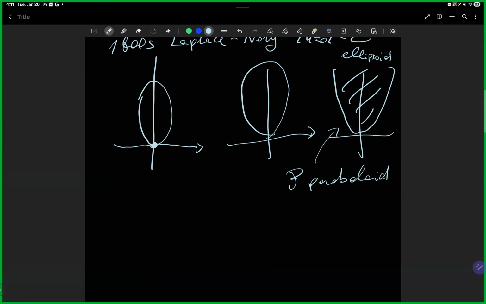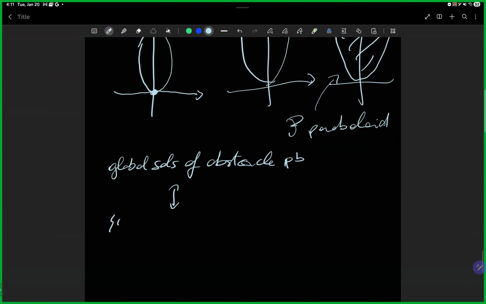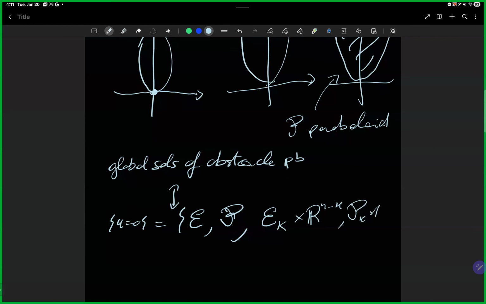So if you just take the work of Newton, Laplace, and Avery, you discover that global solutions of the obstacle problem are such that {u = 0} is either an ellipsoid, a paraboloid, or a trivial extension of them, in the sense that you take an ellipsoid in k dimensions cross R^(n-k), or a paraboloid in k dimensions cross R^(n-k).